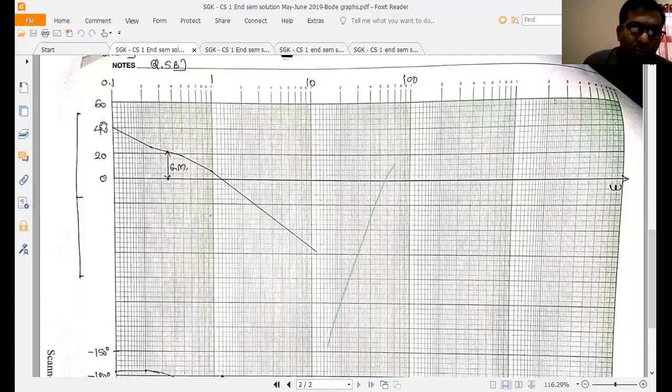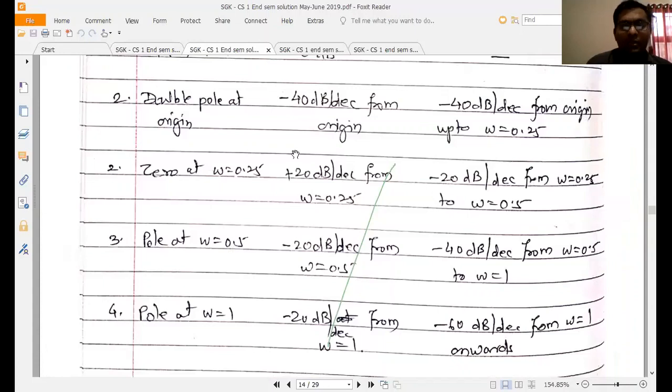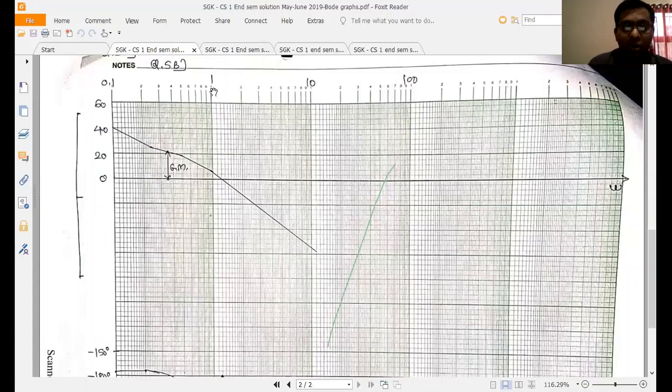But where to pass this line? That was again the question that we have been trying to solve. When we say that it is a minus 40 dB per decade line passing through the origin, now the origin is what? Omega equal to 1. Omega equal to 1 and 0 dB, their crossing is called the origin in this case.